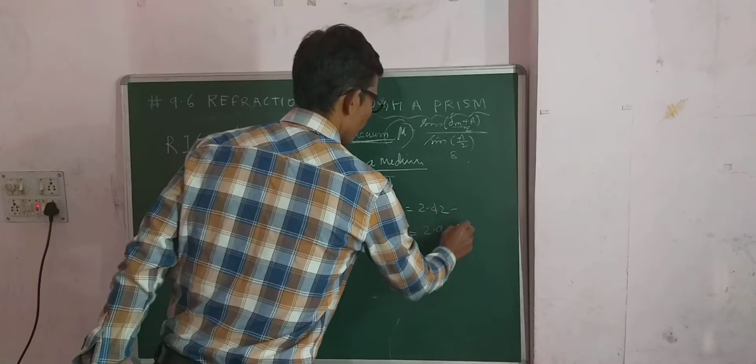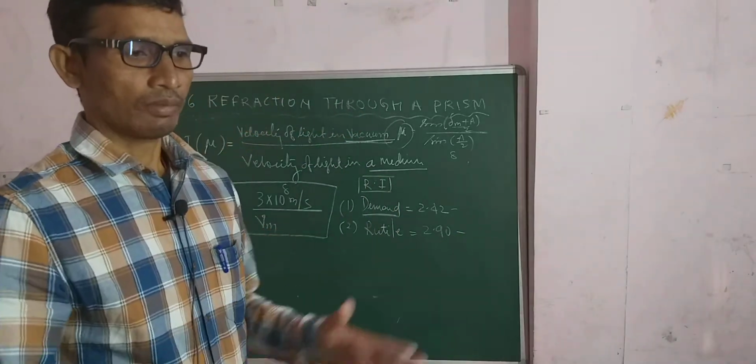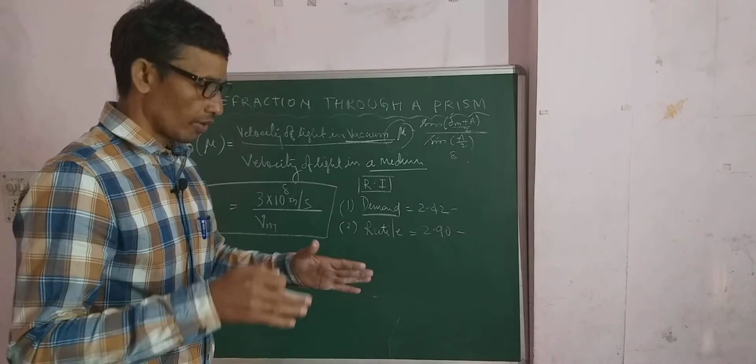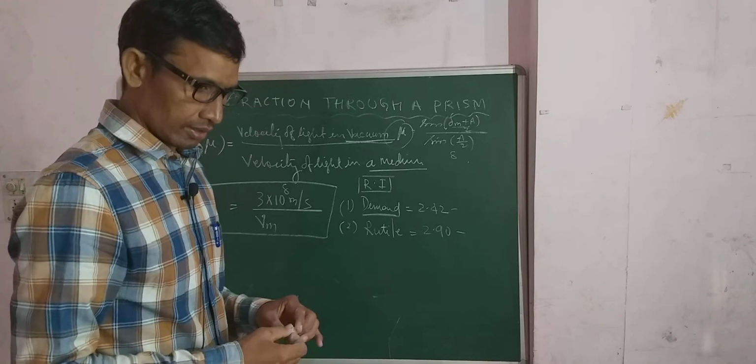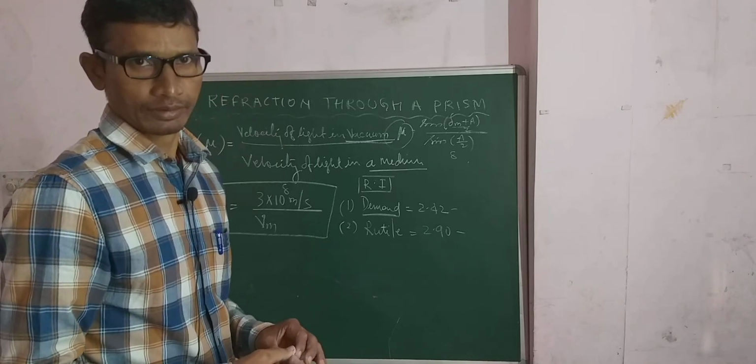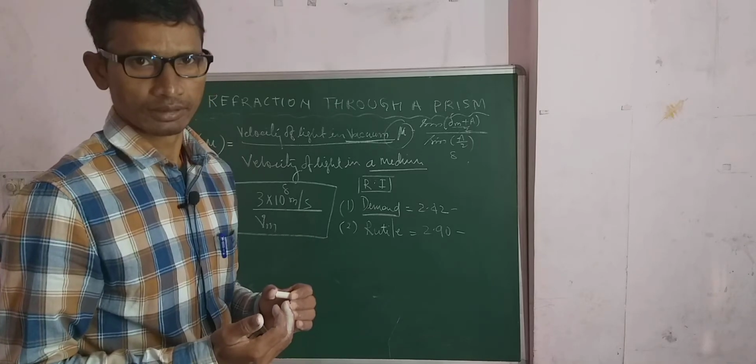In these two cases, whenever the light travels through the diamond or through the rutile, what happens? Is the light slower or greater? We know about it.